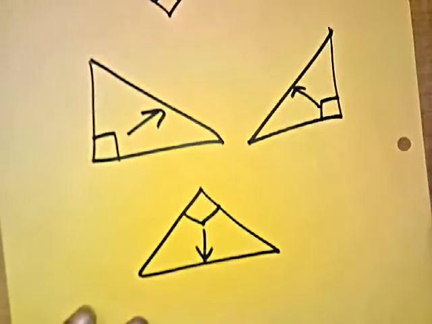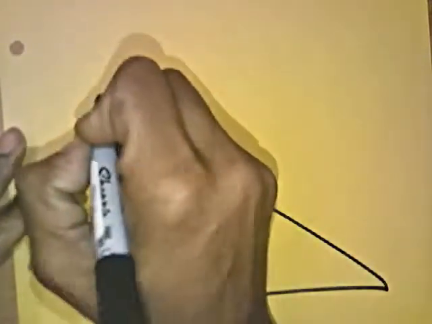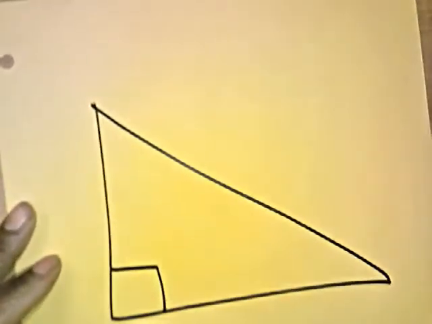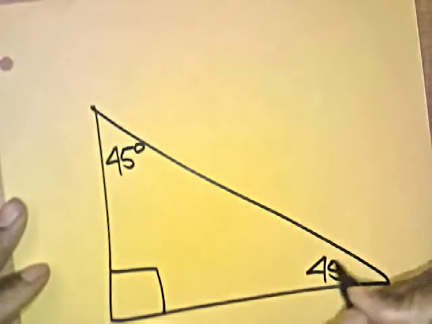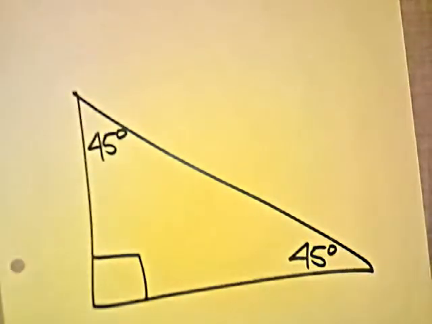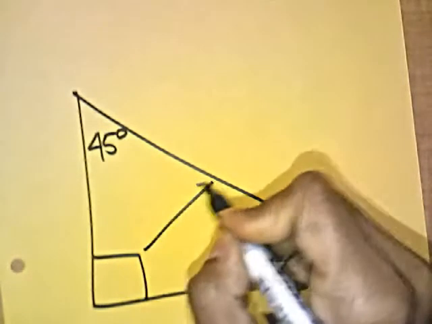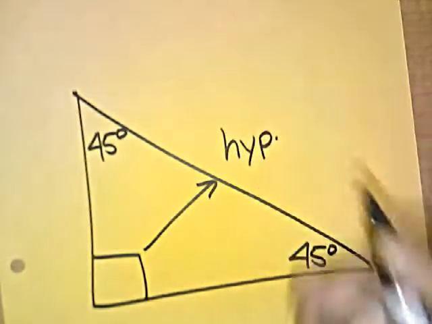The other thing that you should recognize also is that if I have a triangle, and this is 90 degrees, and they tell me that this is 45 and that this is 45 degrees, I should recognize that, yes, this is my hypotenuse, okay?